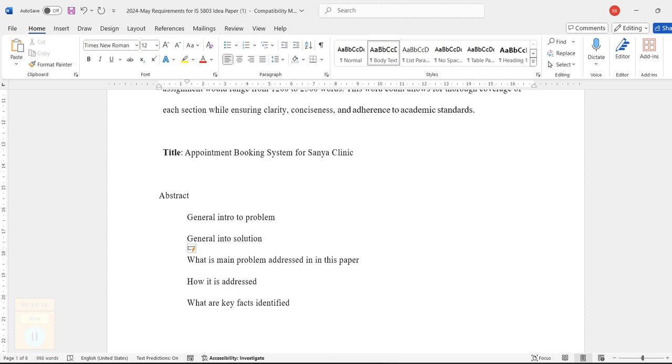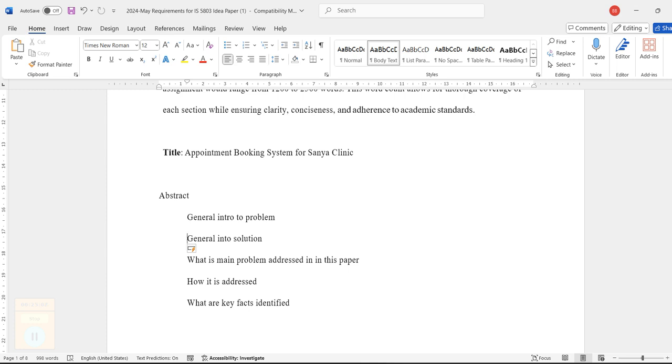Say, for example, if it is about an appointment system, we speak about customers' waiting time at the billing section, or a larger customer waiting time to meet the service provider, which always disappoints customers. Like that you start. After discussing one or two lines about it, we immediately say that creating an appointment system for the organization can help to reduce or solve this problem.